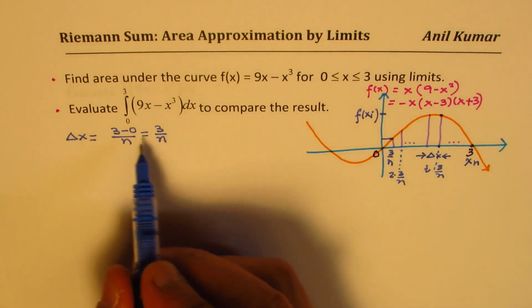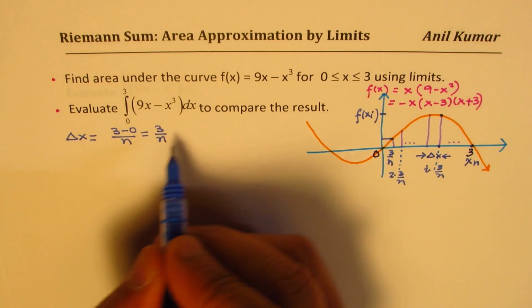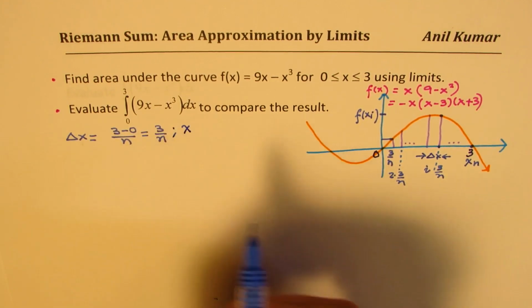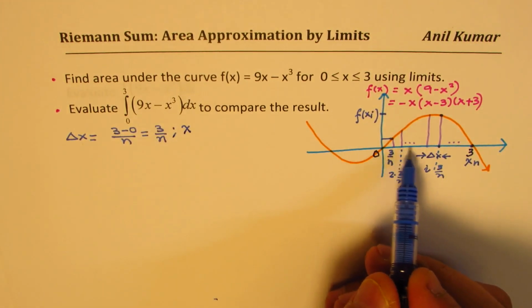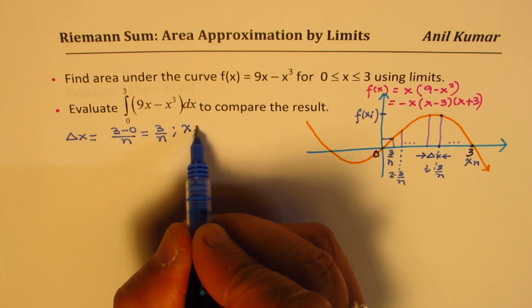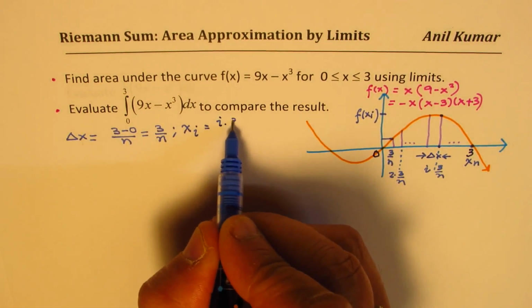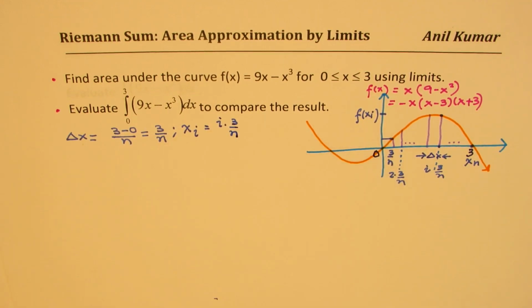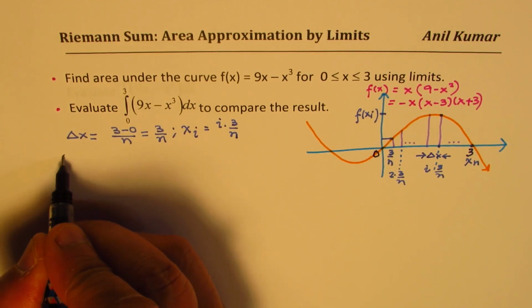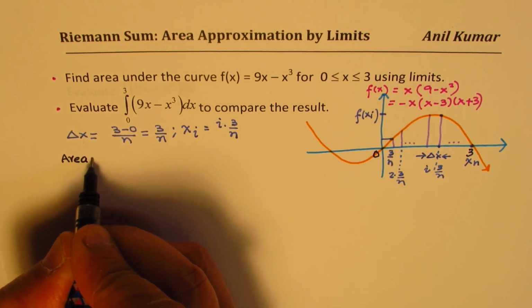Now, what we discovered here was that the end point of each rectangle, which is xi, is basically i times 3 over n. So we get the area. Area of each rectangle can be written as what?